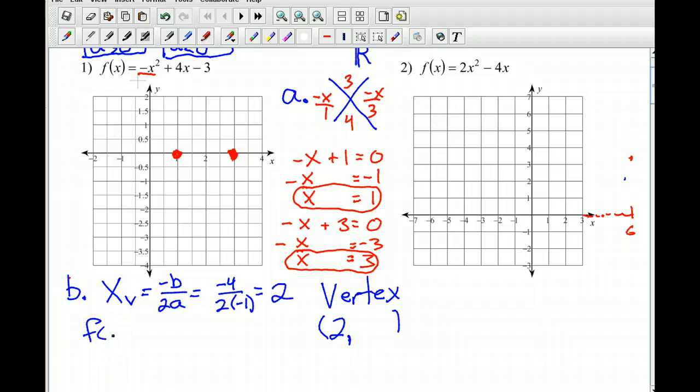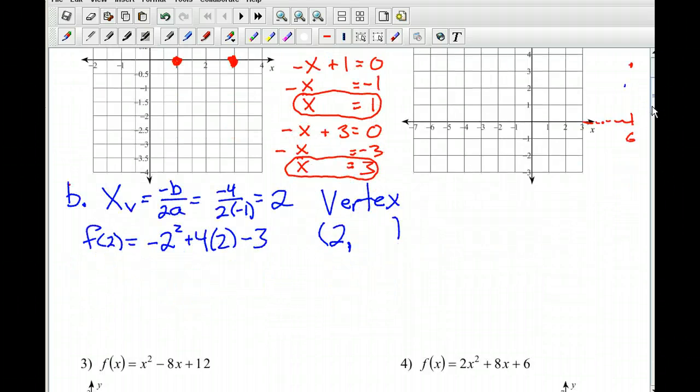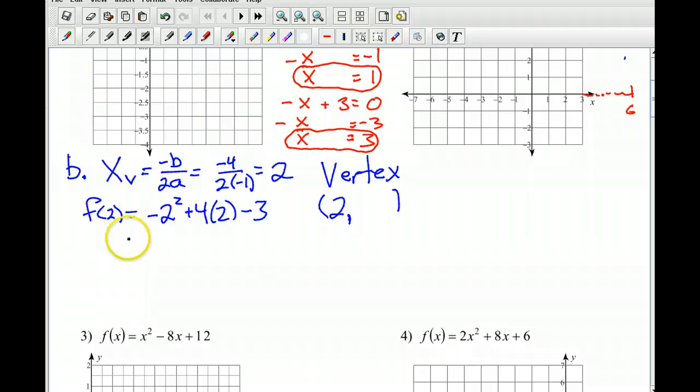F of 2 is -2 squared plus 4 times 2 minus 3. Be very careful on this.